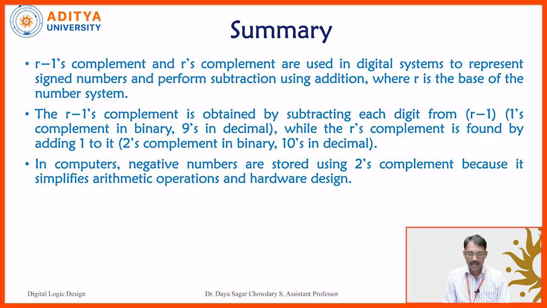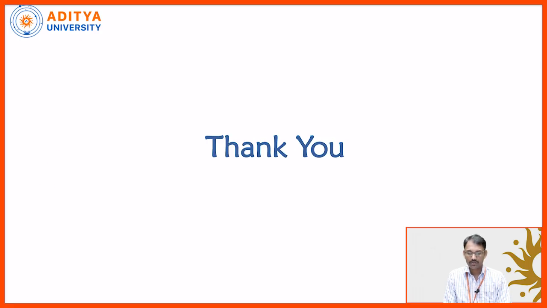The r minus 1's complement is obtained by subtracting each digit from r minus 1, that means 1's complement in binary and 9's complement in decimal, while the r's complement is found by adding 1 to it, that means 2's complement in binary and 10's complement in decimal. Most of the time in computers, negative numbers are stored using 2's complement because it simplifies arithmetic operations and hardware design. So thank you.